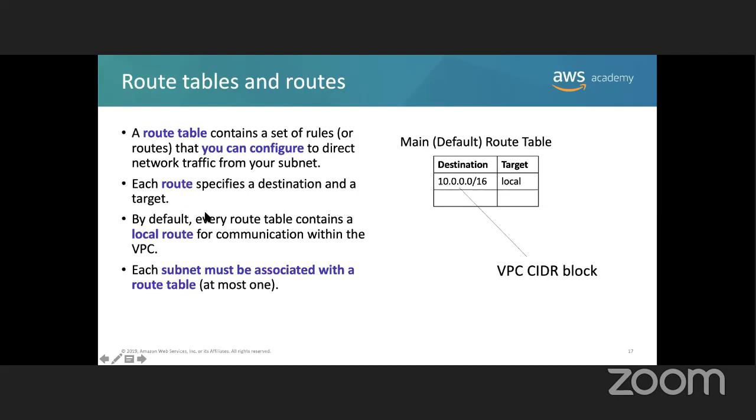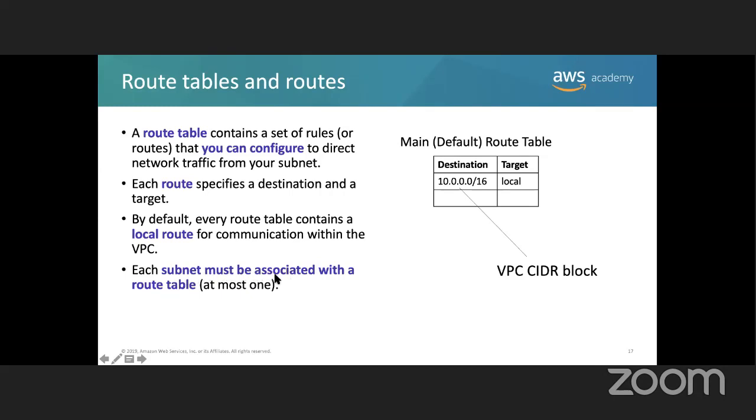So by default, each route specifies a destination and a target. The target is local and the destination is this one. By default, every route table contains a local route for communication within the VPC. So every single subnet has a route table, and every route table has a local entry, all of them, to allow communication within that VPC, right?